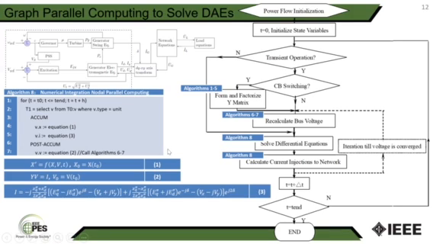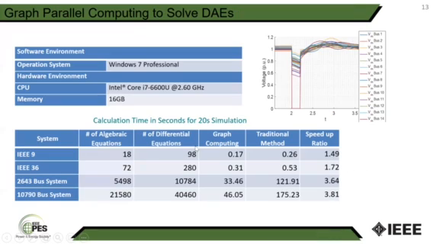Using this approach, we tested on a real system and IEEE standard systems: the IEEE 9-bus system, the 36-bus system, and two large-scale systems. Using the small IEEE standard systems as a benchmark, we tested the accuracy of the method to make sure the results are consistent. Using a large-scale system, we can test the performance of graph computing.